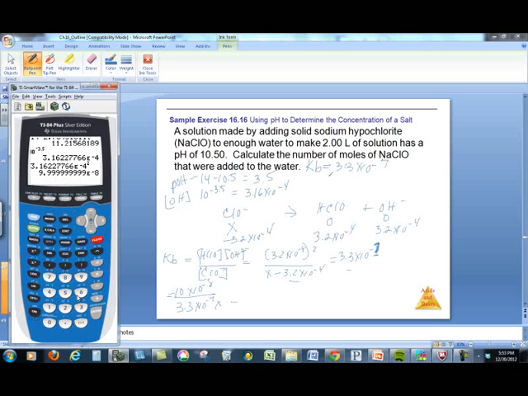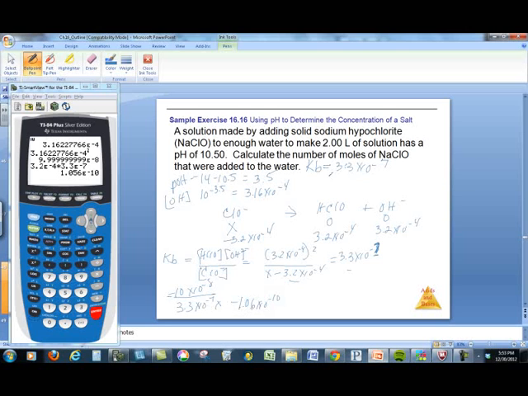Alright. 3.2 EE negative 4 times 3.3 EE negative 7 equals 1.06 times 10 to the minus 10.